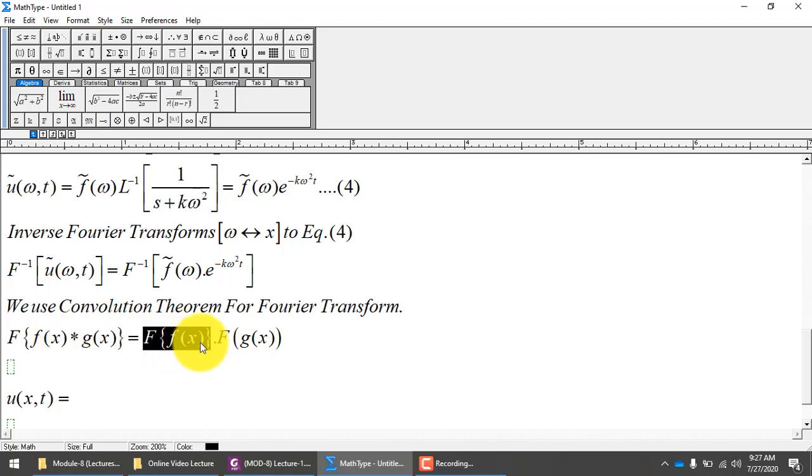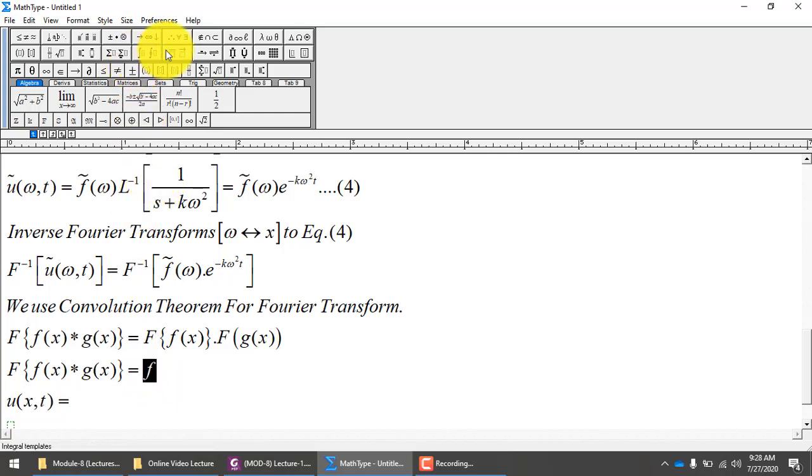Look, what is the Fourier transform of f symbolically? On the left hand side we have the same thing, and on the right hand side we have the Fourier transform of f, known as f tilde. What is f tilde? It means the Fourier transform of f of x.